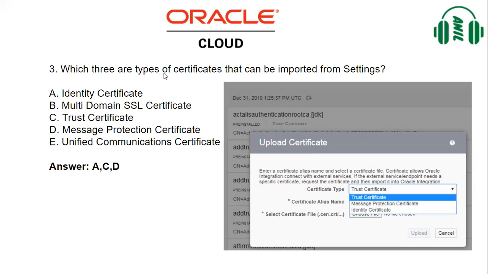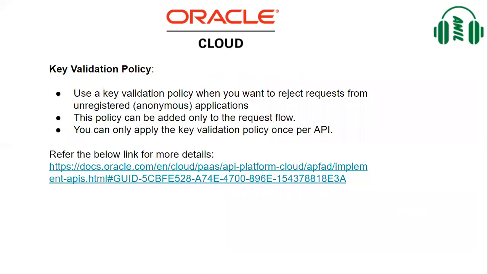So which three are types of certificates that can be imported? Identity certificate, trust certificate, message protection certificate. A, C, D is the correct answer. And you can see the same in a screenshot from Oracle. So let us move on to the next question.